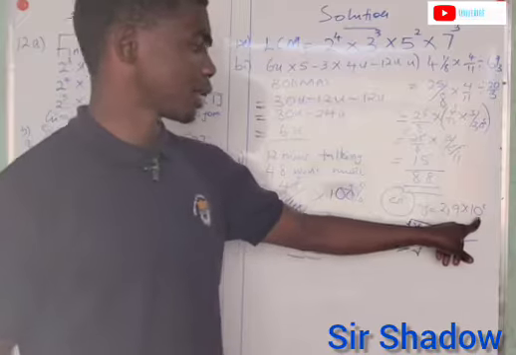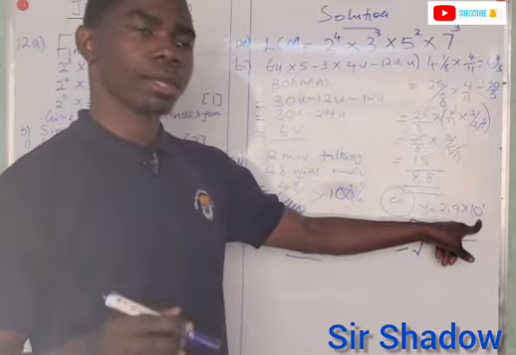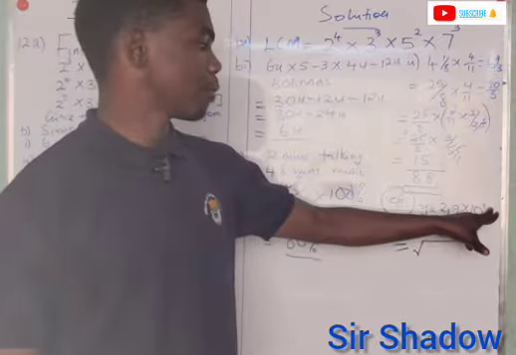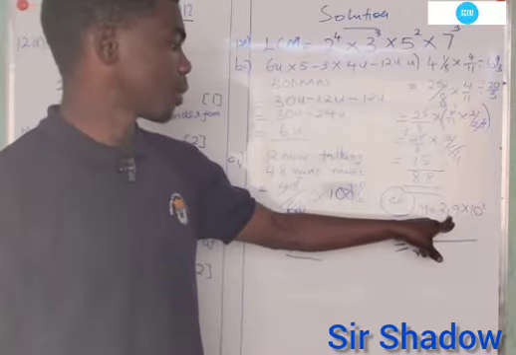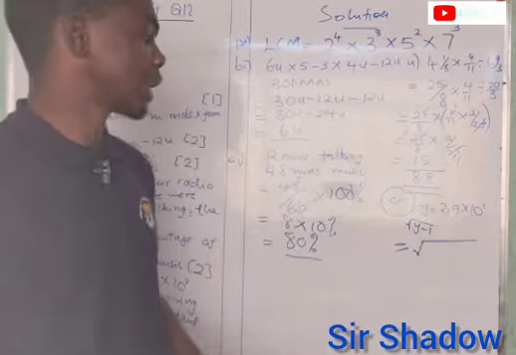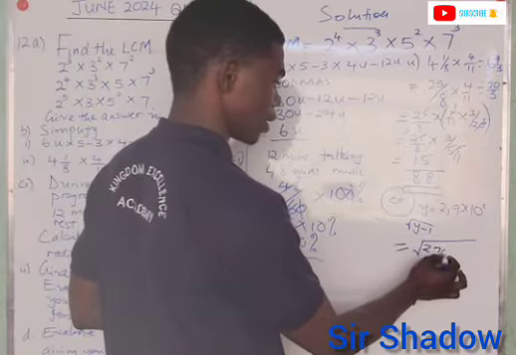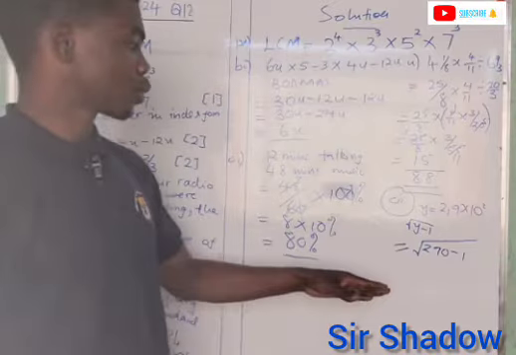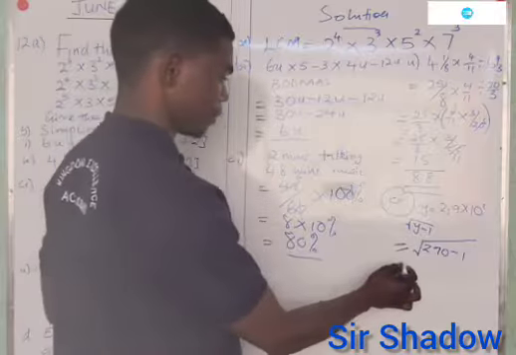Let's convert this into ordinary form. 10 to the power of 2 is 100, and 100 multiplied by 2.9 is 290. So y is equal to 290, and y minus 1 is 290 minus 1, which is 289.